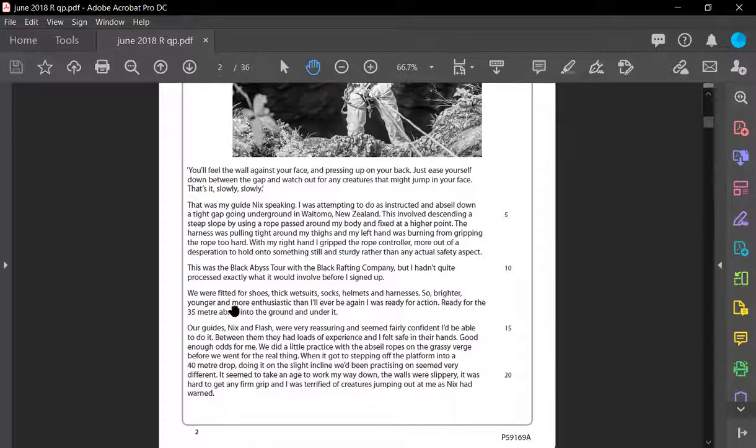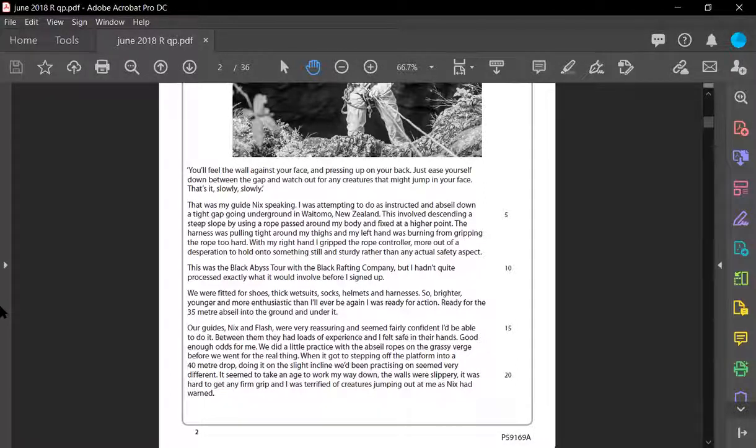We met our guide Nick and we were fitted for shoes, thick wetsuits, socks, helmets, and harnesses.